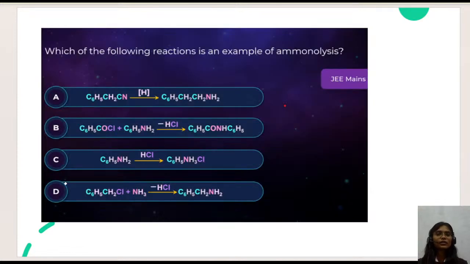Okay, just question part only, and then we are going to add the class. Which of the following reaction is an example of ammonolysis here? Yes, please. Quickly supported this zwitterion. No, no, zwitterion is not there. Okay. Actually, that reaction is easy, so that's why I'm sorry.